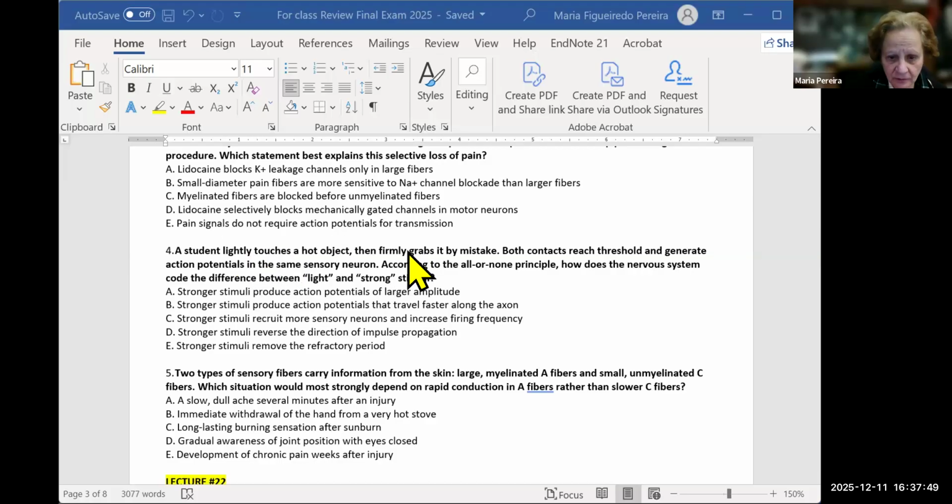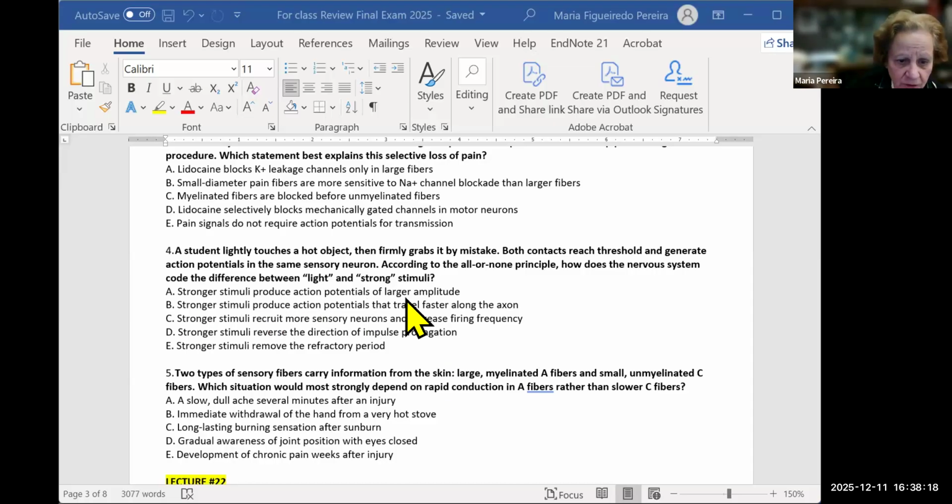Lightly versus firmly. Both contacts reach threshold, so both reach minus 55 millivolts and generate action potentials in the same sensory neuron. According to the all-or-none principle, how does the nervous system code the difference between light and strong stimulus?